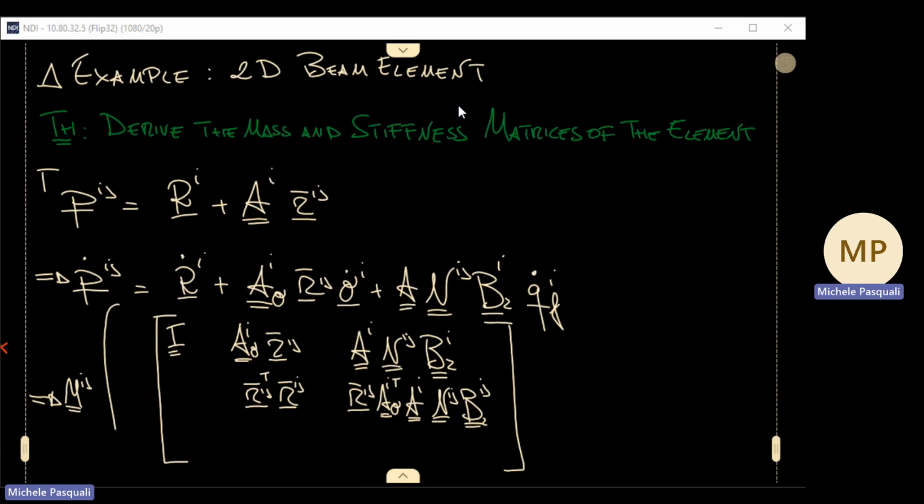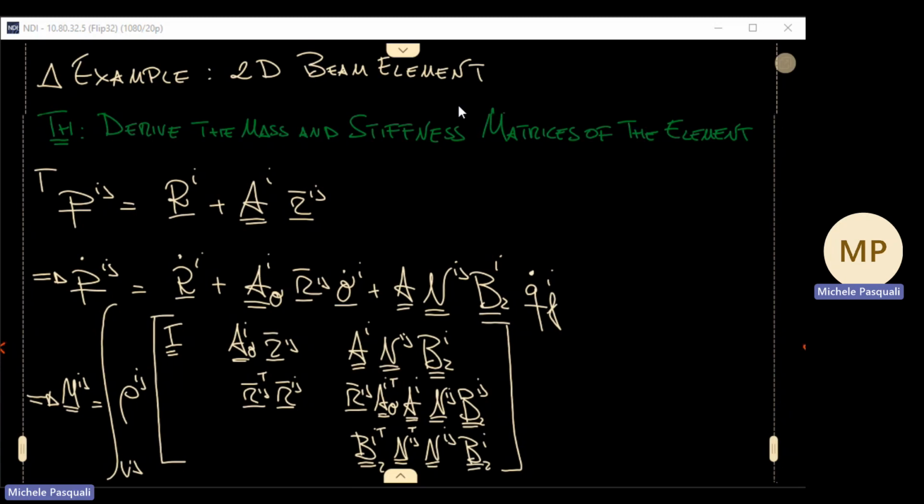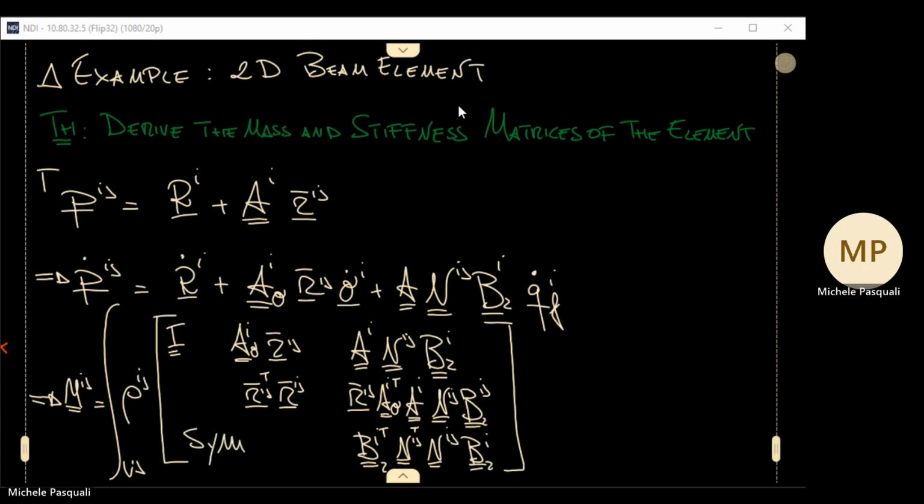Of course, this has to be the integral over Vij of the density Ij. And then we have the last term here, which is B I 2 transposed n Ij transposed n Ij b2 I. And of course here everything is symmetric in the Vij.